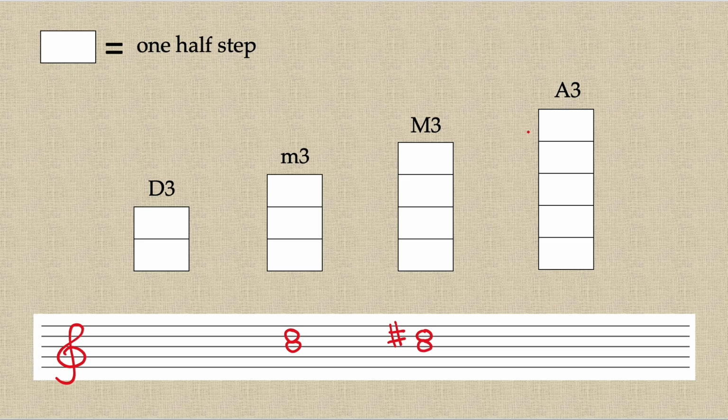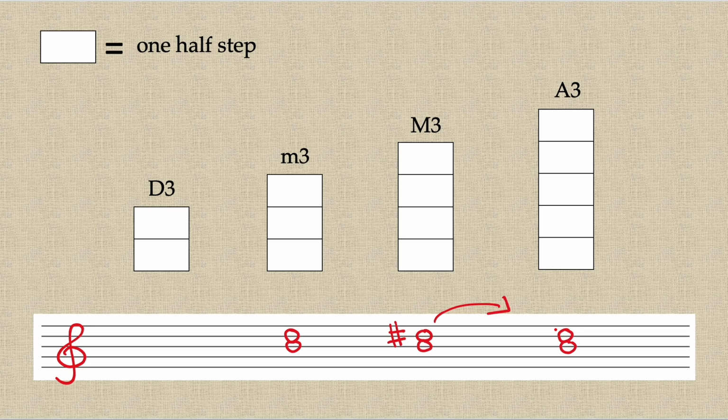To explain the first statement on the previous slide, we know that from B to D sharp is a major third. If we add another half step to this major third, it will become an augmented third. So it was from B to D sharp. Now we will add another sharp to the D sharp.